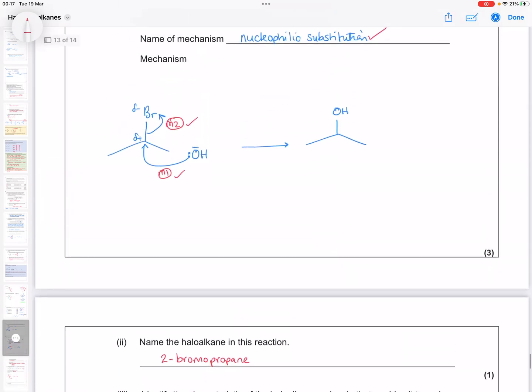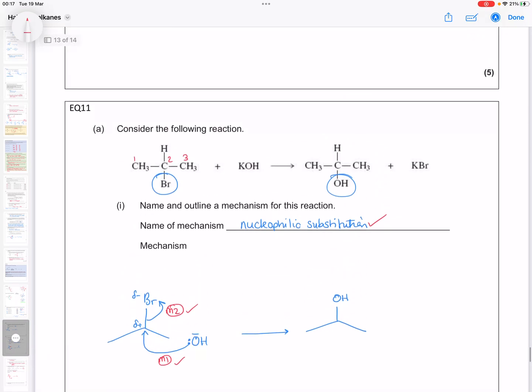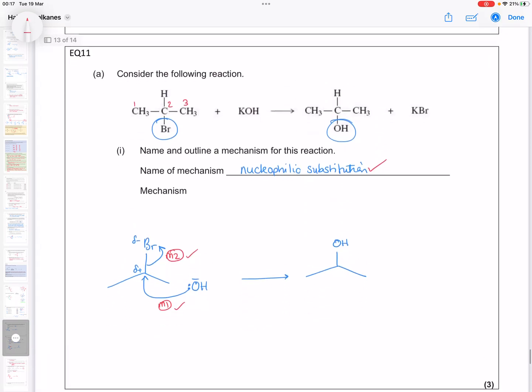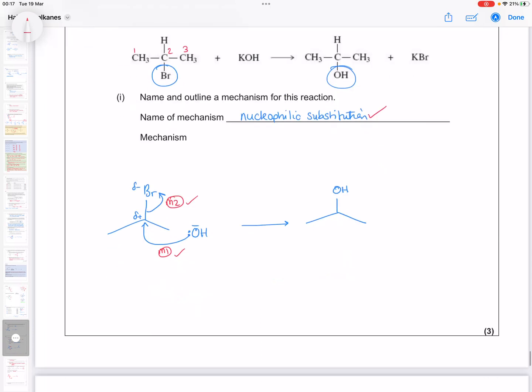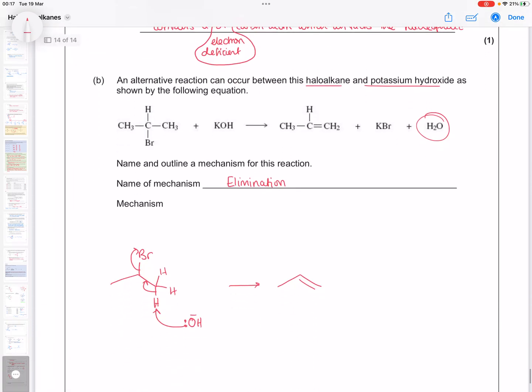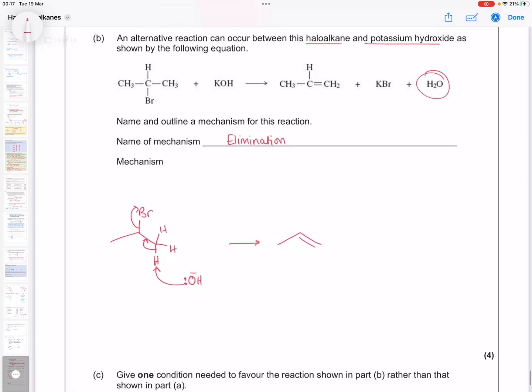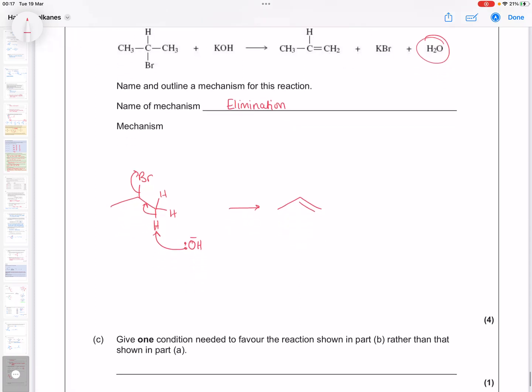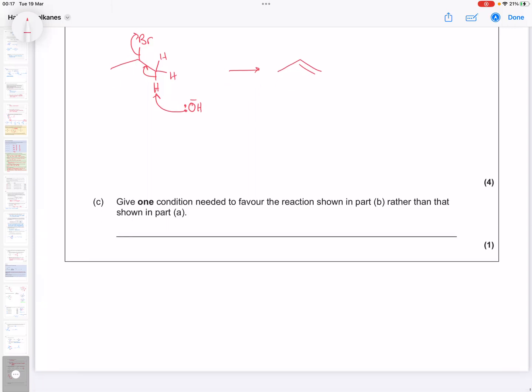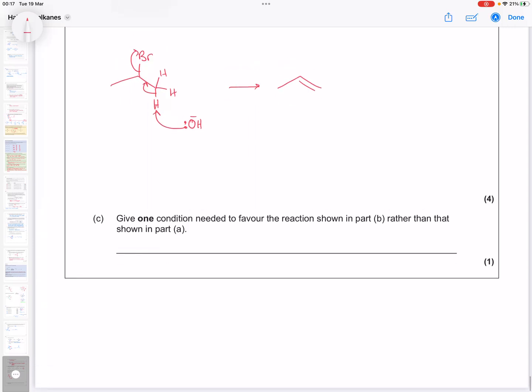Okay, so you can see we've got nucleophilic substitution taking place when we've got hydroxide to make an alcohol, and elimination taking place when we've got the concentrated ethanolic hydroxide. Give one condition needed to favour the reaction shown in part B. So to favour the elimination reaction, there are various things we can do.